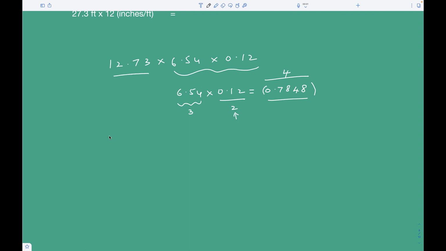So you have to multiply 12.73 with 0.7848, and when you multiply these two, you would get 9.990504. Now in this term there are four significant figures. Now in this intermediate result, how many significant figures are there?